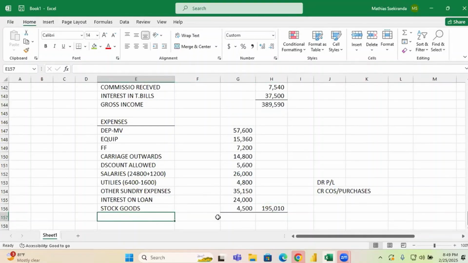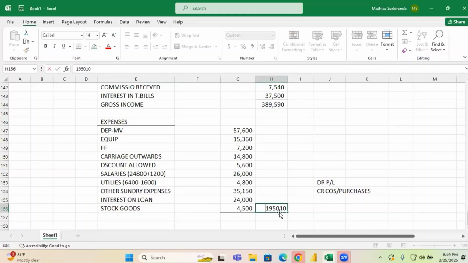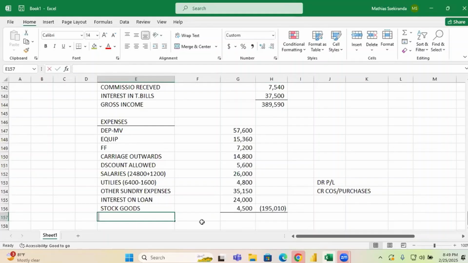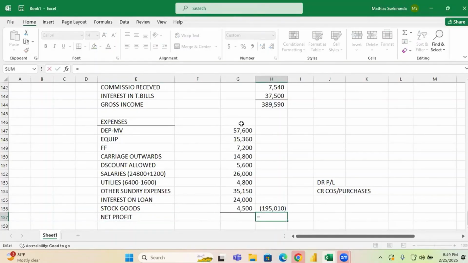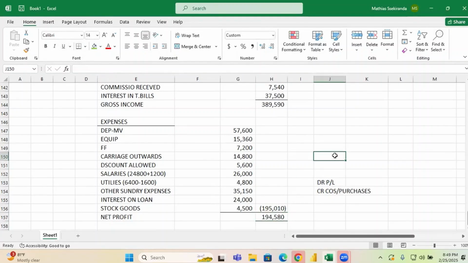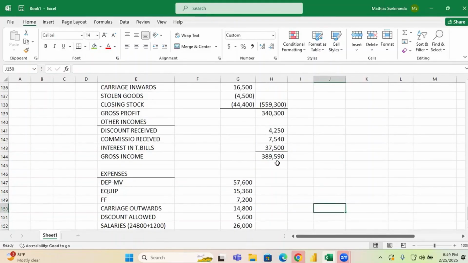Giving us a net profit of 194,580. So ideally what we have done is what we did in the first number.